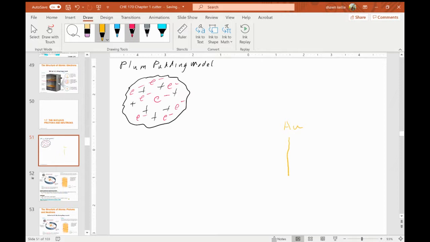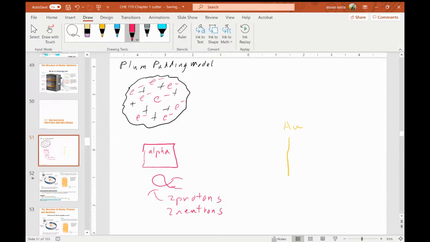Then he took, and this is something important that we need to know the nature of, an alpha particle source. Alpha particles, also represented by the symbol alpha, are particles that are made from 2 protons and 2 neutrons.